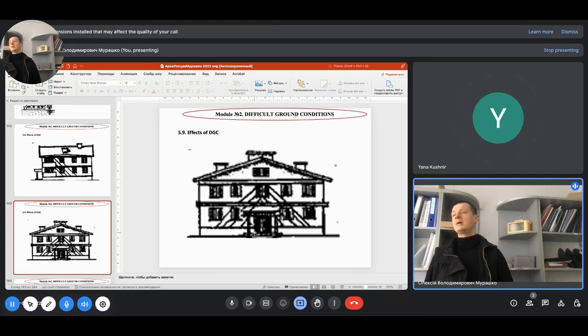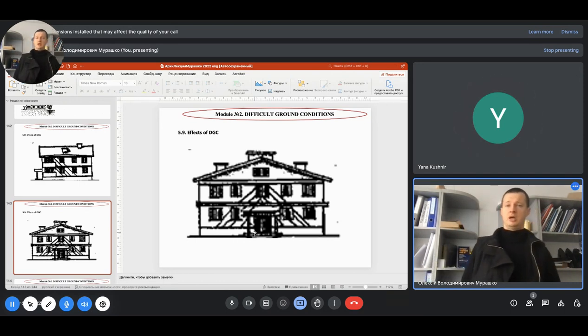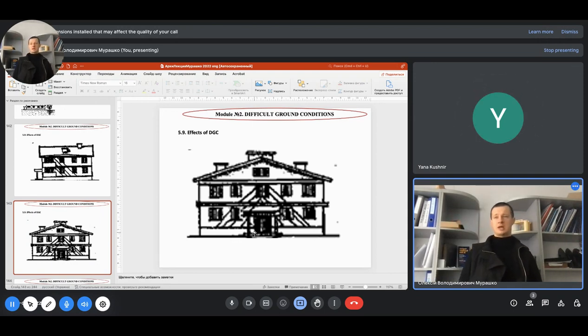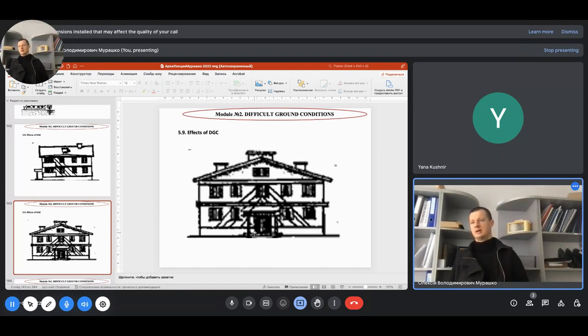Why am I asking this question to you? Because you as an architect will have to deal with such problems, and in all those cases you have to make an analysis of the ground. So you have to make a contract with geologists, and they will make a report on the results of boring analysis.